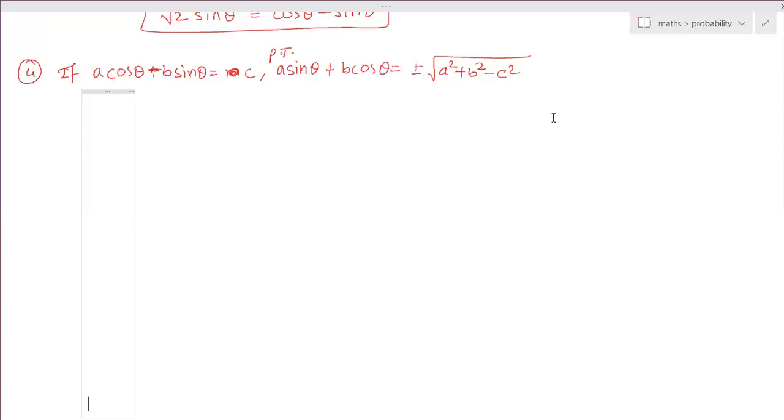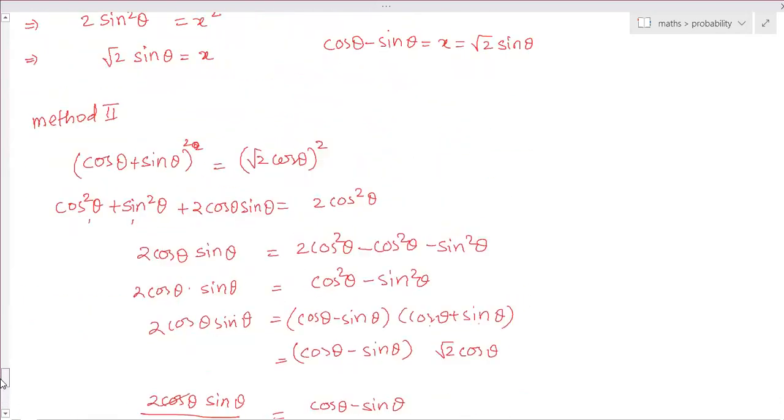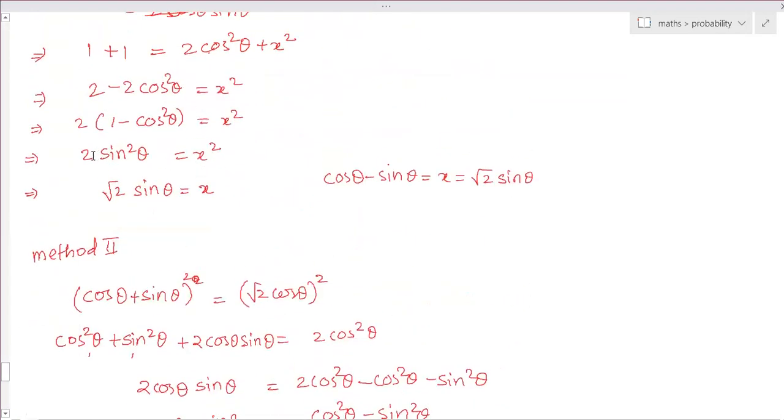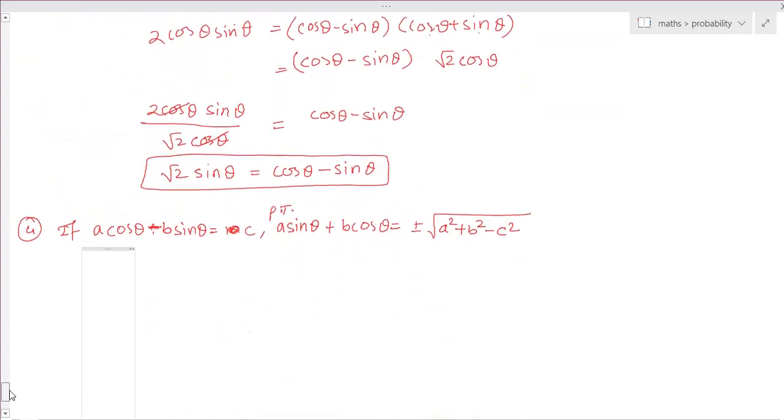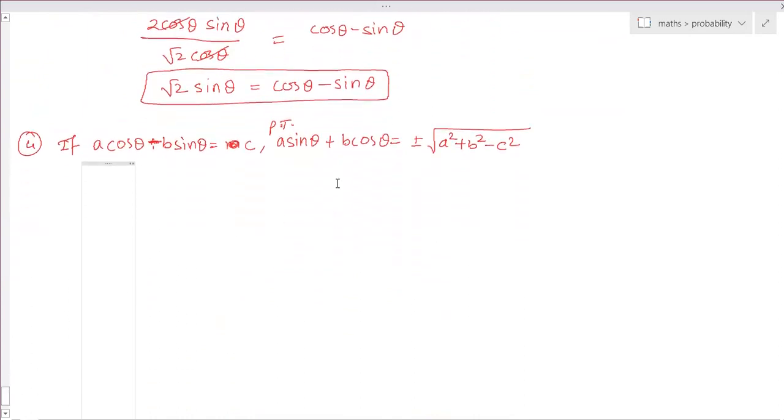Here x is equal to plus or minus root, no, ma'am? Yes, a square root here also, when you take the square root of x. Here x square is equal to 2 sin square theta. When you take the square root, it will be plus minus root 2. Okay, ma'am. So here it will be plus or minus. Yes, because x square is equal to a square plus b square minus c square.